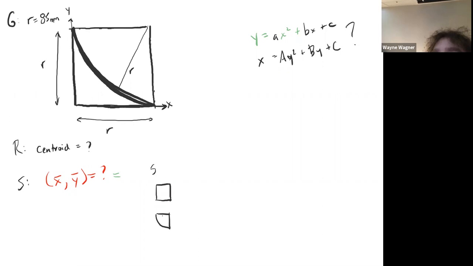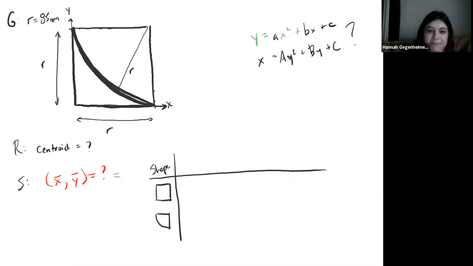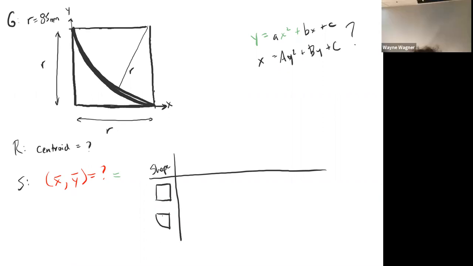We got some shapes. Now let's get back to the question at hand. Where do you think the centroid is? I know I'm putting you on the spot, but you're the only one here, so I have to.